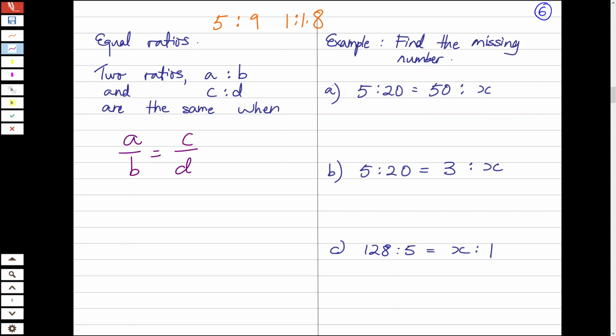Can you see it? If I say that these two ratios are the same, what value does x have to be? So we've got two very similar answers.